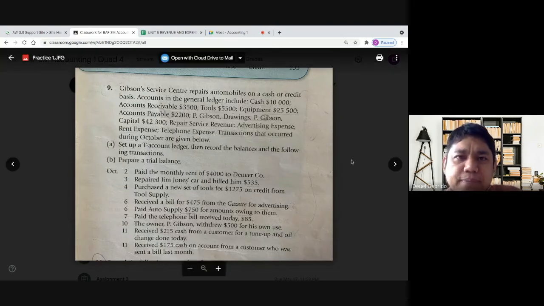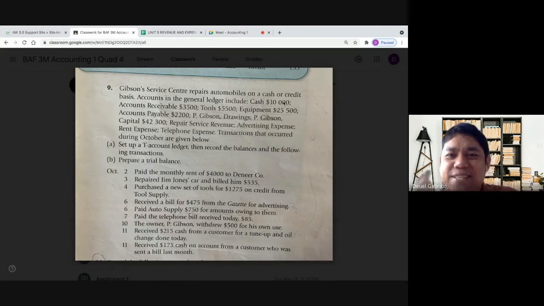How many T accounts are you guys making? 11. Very good. So how did we know? Cash, 10,000. That's one.